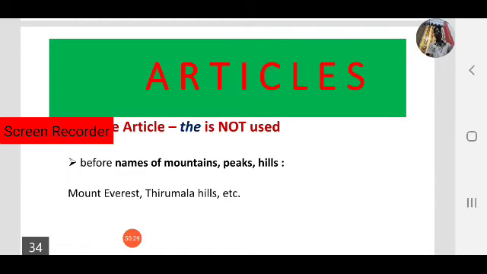But coming to Mount Everest, here only Mount Everest, not the Mount Everest. Tirumala Hills, not the Tirumala Hills. These are some cases where we need not use the definite article the.